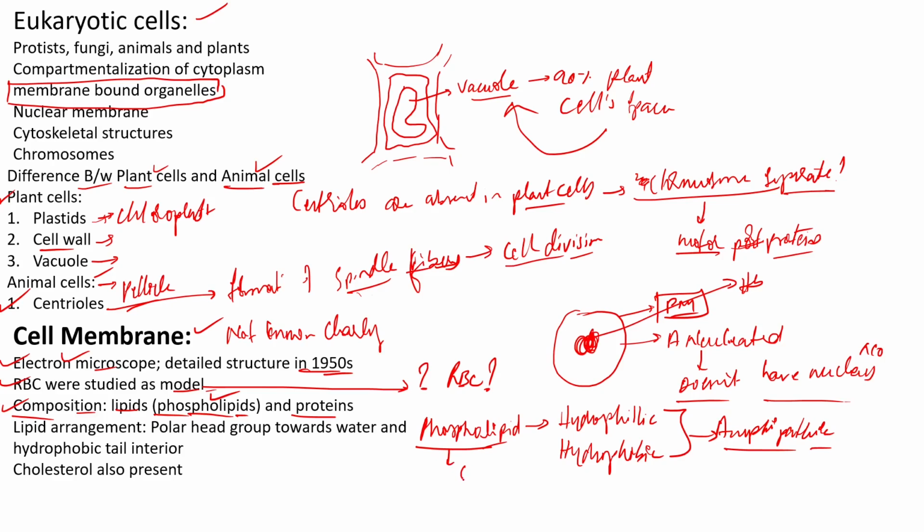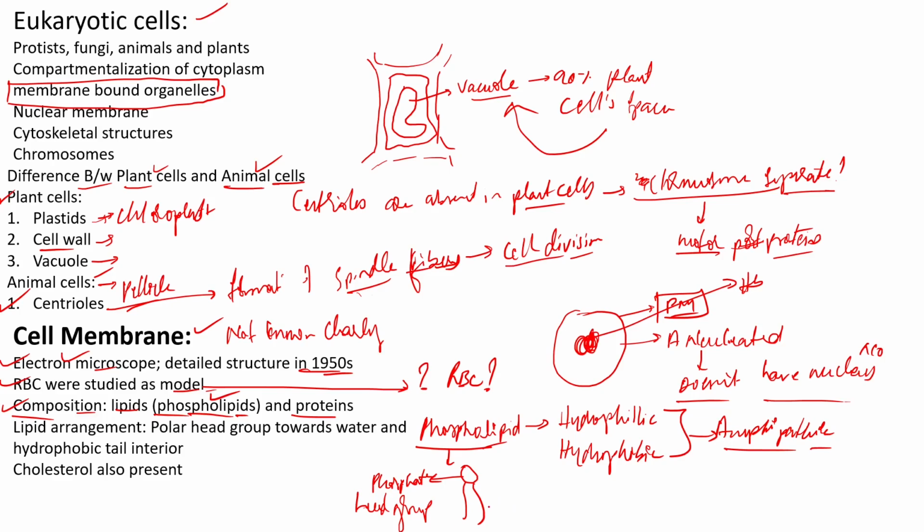Generally you see that there is a polar head group, which we call the phosphate head group, and you find two tails. You find what?